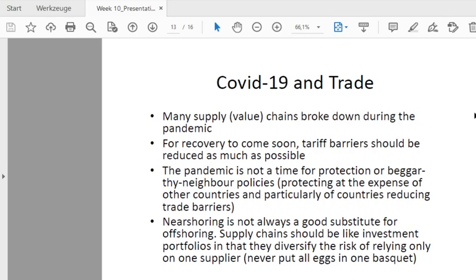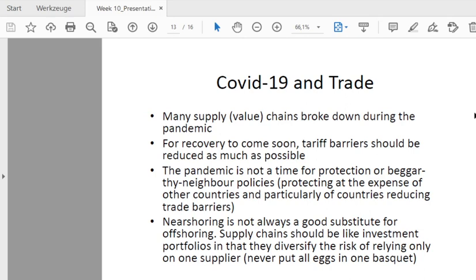During the pandemic, many international supply chains broke down. And this is normal because production was stopped, and so of course then you cannot supply anymore.